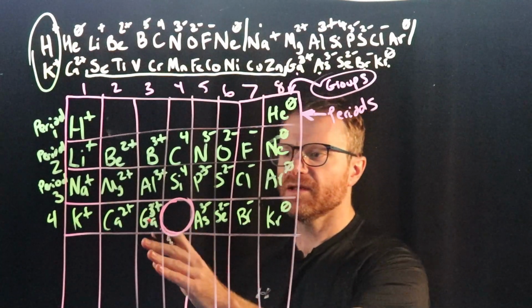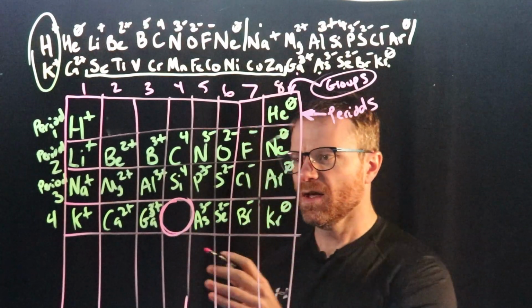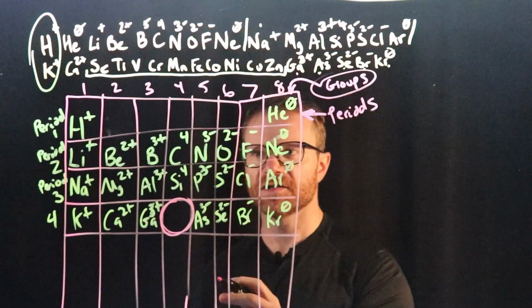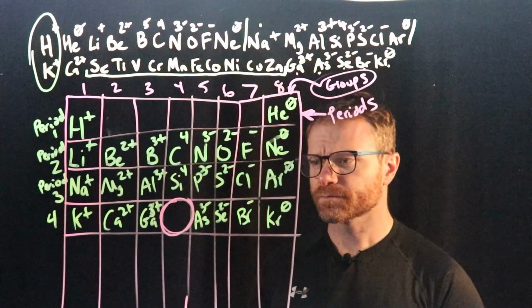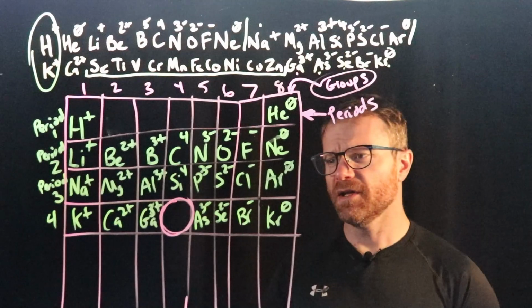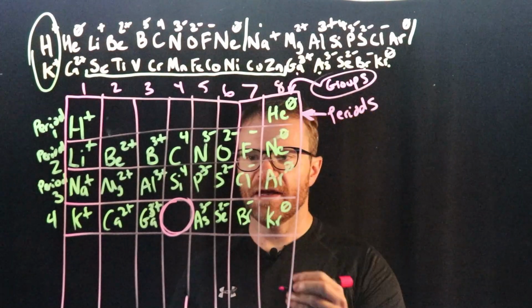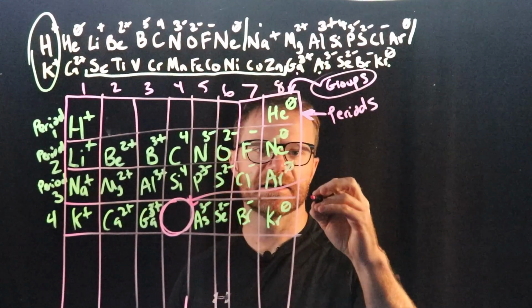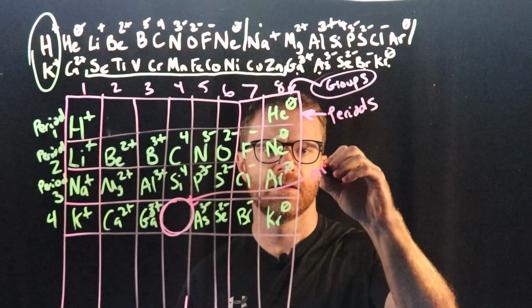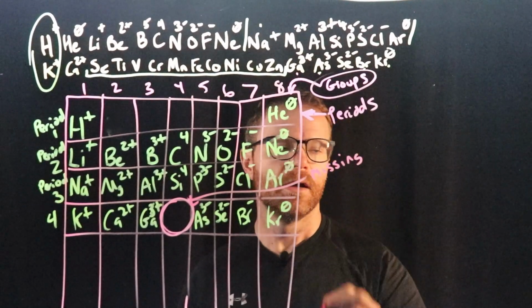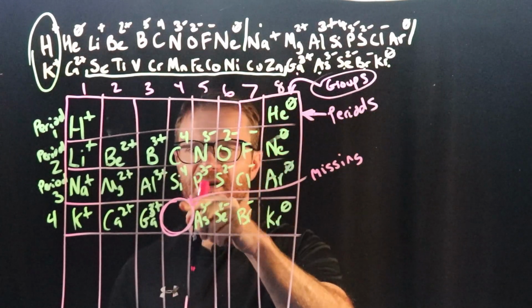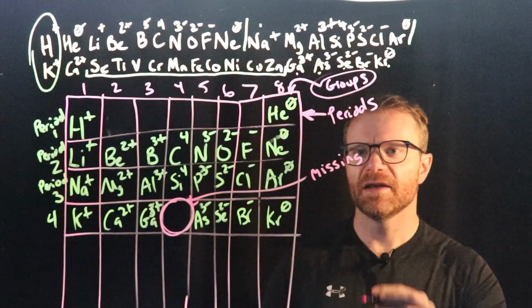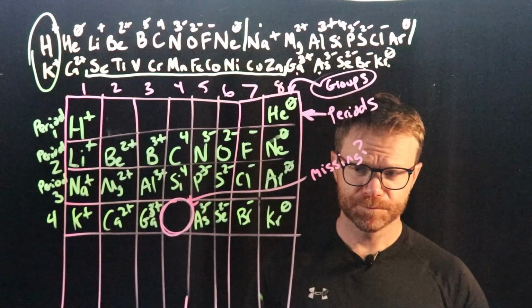There should be an element that has an atomic mass bigger than gallium but less than arsenic, and that also forms 4 bonds. But no such element existed. So he called that ecosilicon, which just means under silicon or next to silicon, because there should be some kind of element right here under silicon.